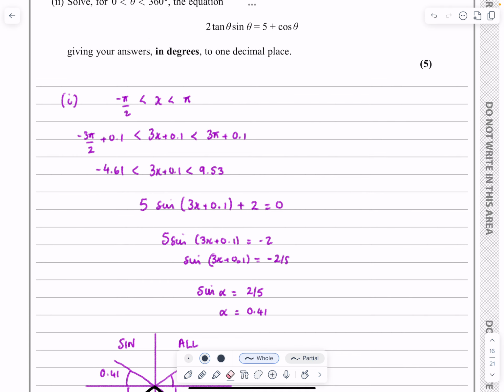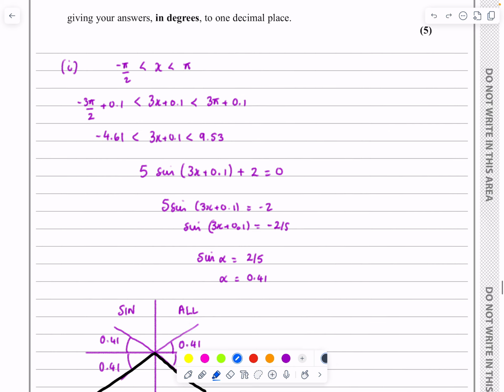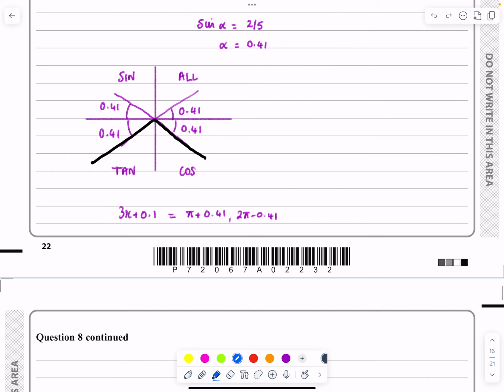And remember, for 3x + 0.1, my range is anything from −4.61 all the way up to 9.53. So those two angles could also be represented by −0.41 and whatever that angle there is, it's −2.72.